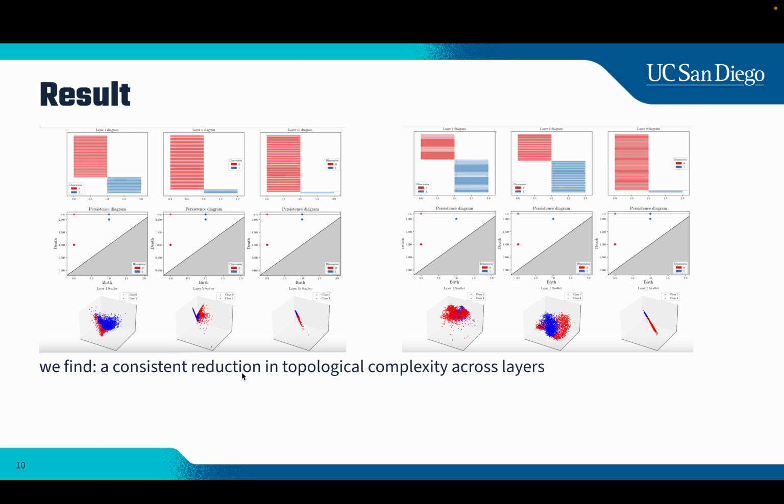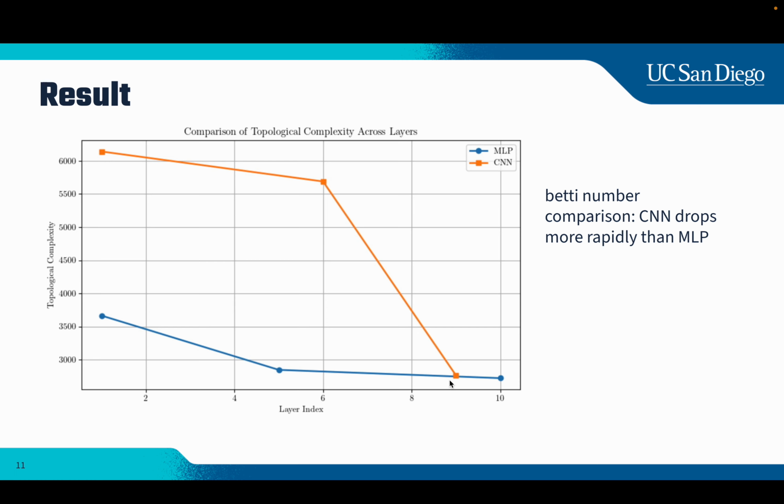So this finding verifies the key finding in the paper, that there is a consistent reduction in topological complexity across layers. And here is the Betti number comparison plot for our MLP and CNN.